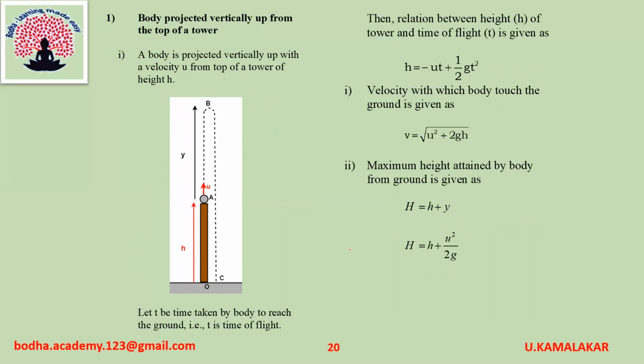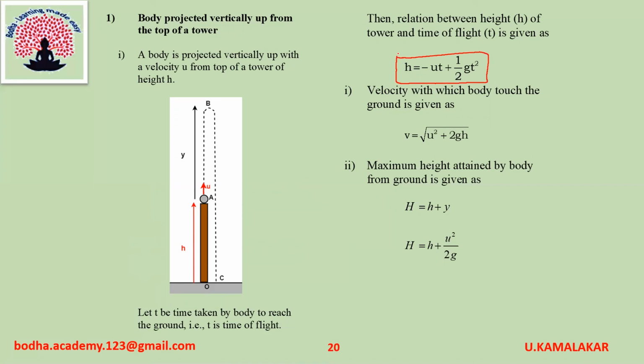Next topic. A body is projected vertically up with a velocity u from the top of a tower of height h. Let t be the time taken by the body to reach the ground, that is, t is the time of flight. Then the relation between height of tower and time of flight is given as h = −ut + ½gt².